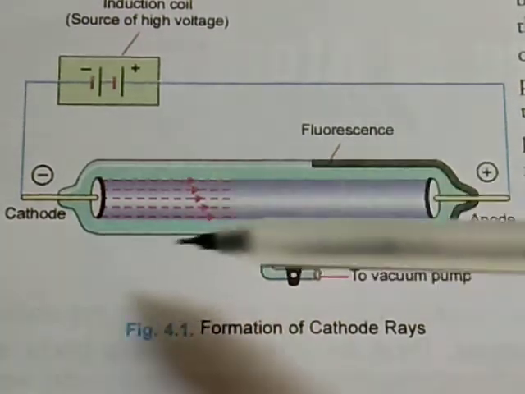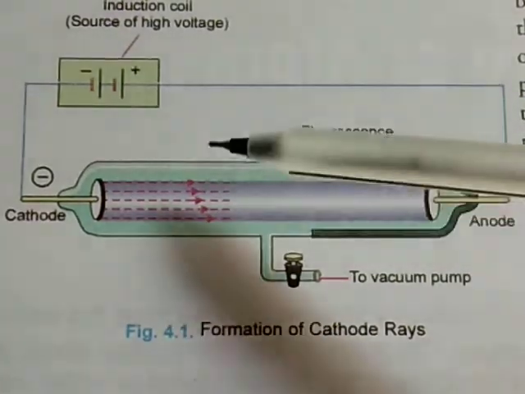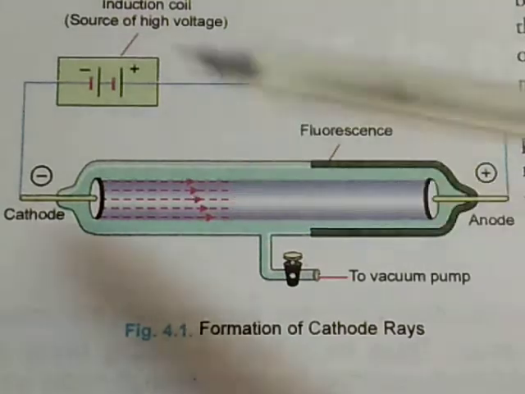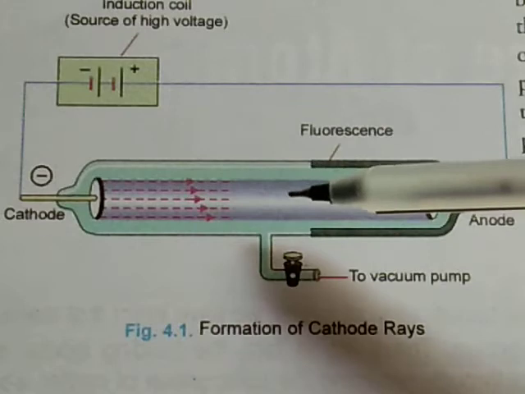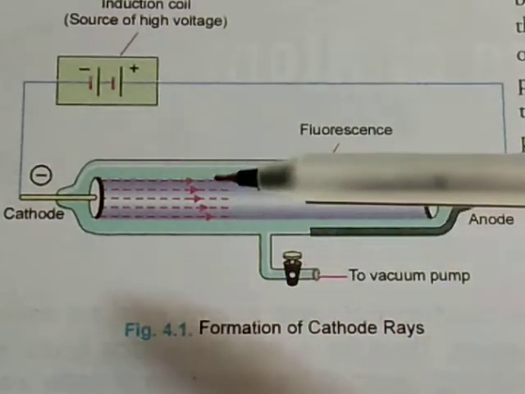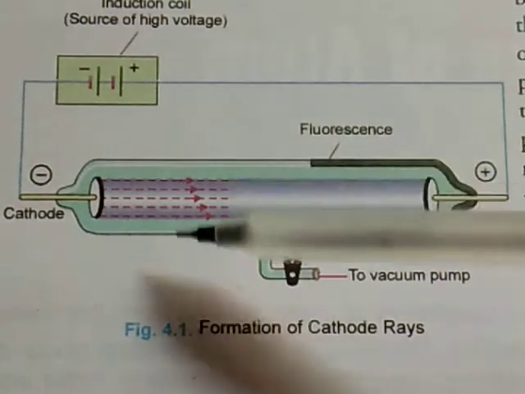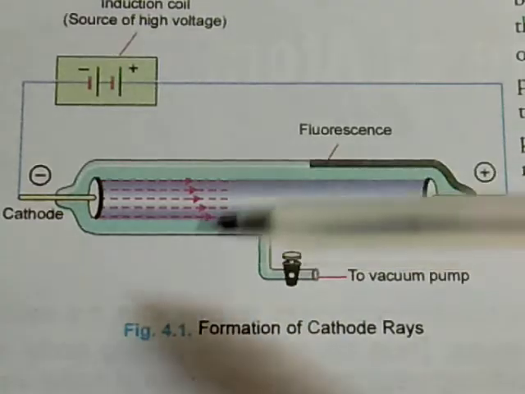Third point, cathode rays are made up of negatively charged particles called electrons. Fourth point, when the cathode rays strike a metal, it gets heated. Fifth point, cathode rays can pass through a thin foil of metal.